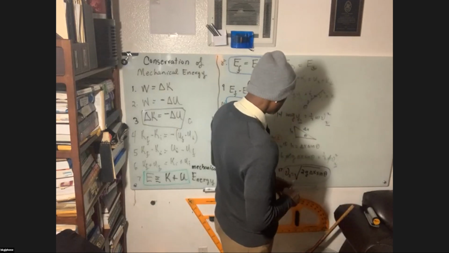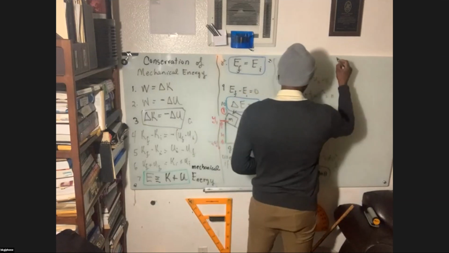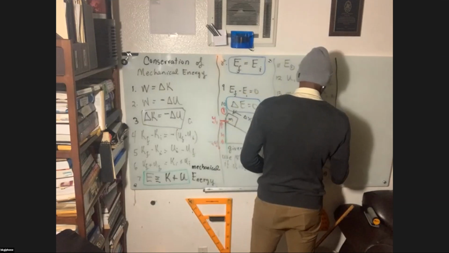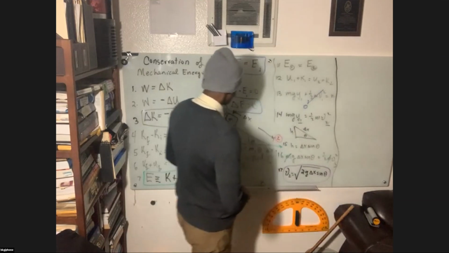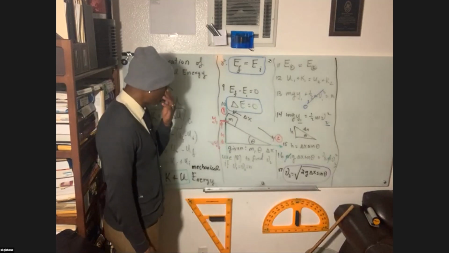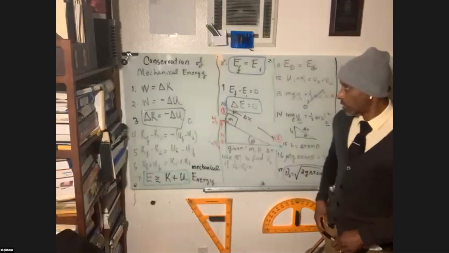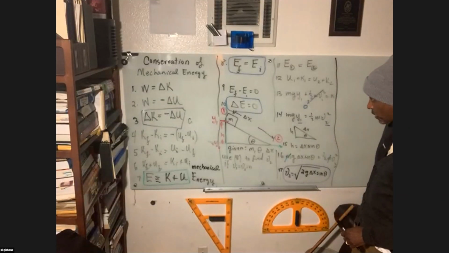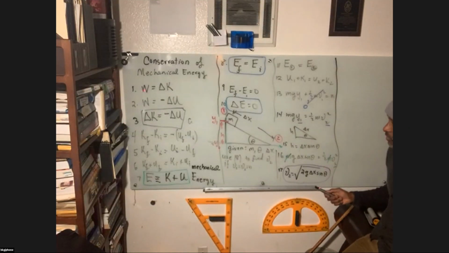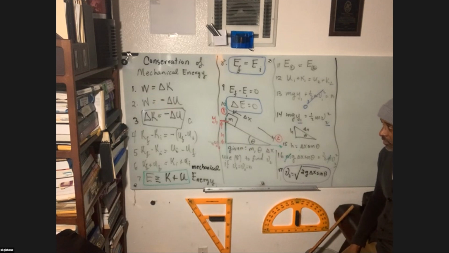The way to do this is you start with the work energy theorem. Now I have to tell you something that I didn't say before, because I wanted to go in stages. Over here, equation 1 is the work energy theorem, and equation 2 is the general definition of potential energy.